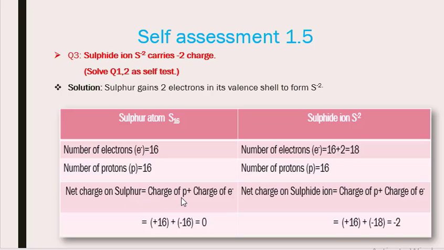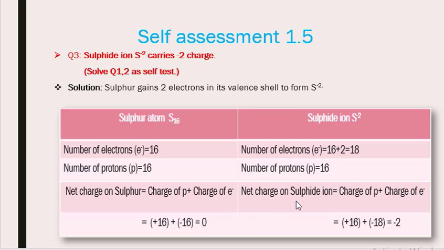We are going to take the algebraic sum of charges of protons and charge of electrons. Due to 16 protons, the positive charges will be positive 16, and due to 16 electrons, the negative charges will be negative 16. So taking algebraic sum it will become 0.